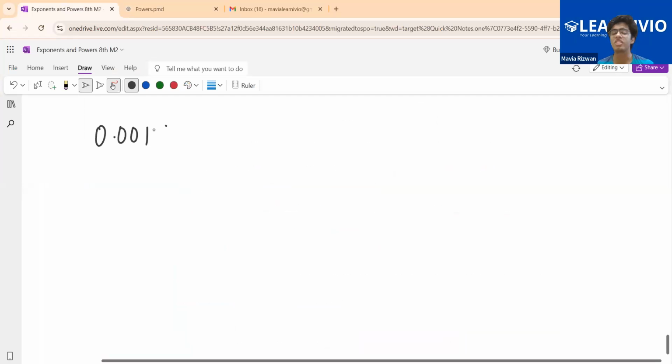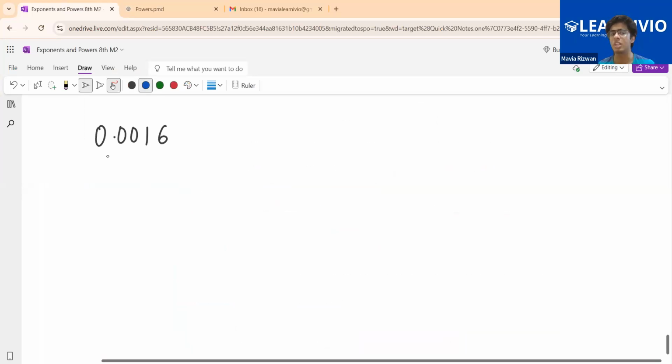This is the thickness of the paper they are saying. Now again, this is a small number. We are going to represent it in standard form. How to do that, Abu Bakar and others? You tell me what was the rule I told you. Put the point after one digit.